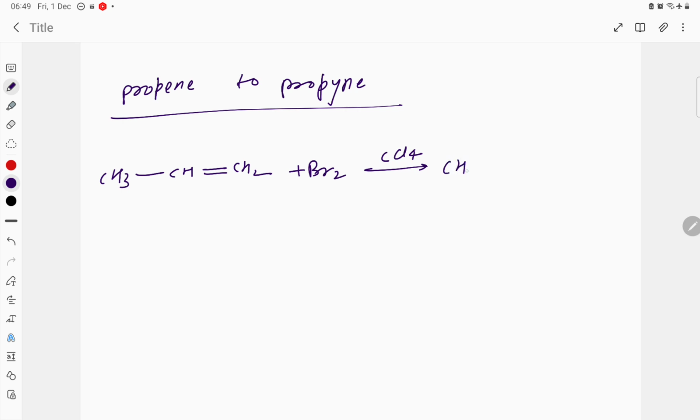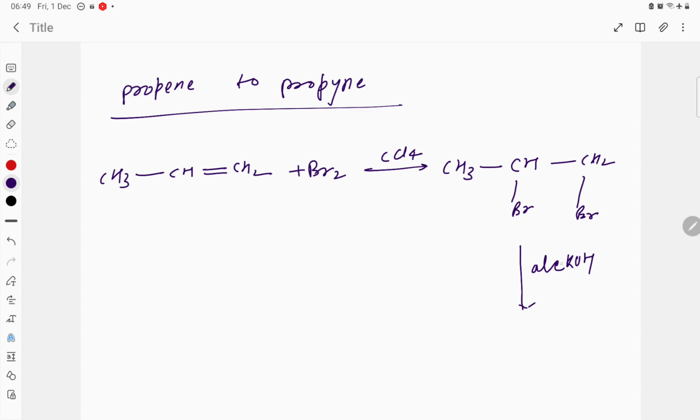So it will give this dibromo compound, CH3CHBr-CH2Br. Now what we need to do is alcoholic KOH. You take alcoholic KOH and sodamide, student. Otherwise you can directly treat with alcoholic KOH.